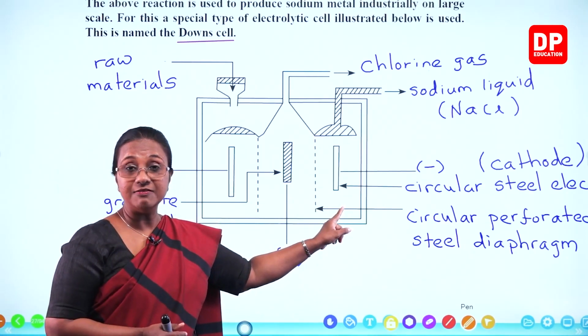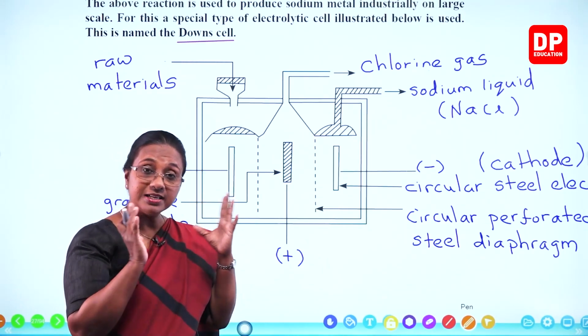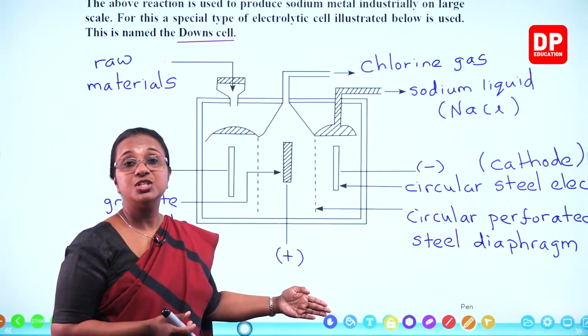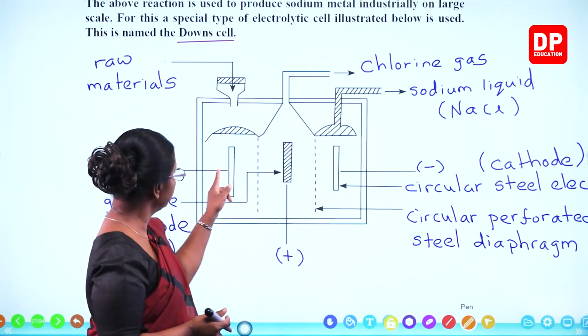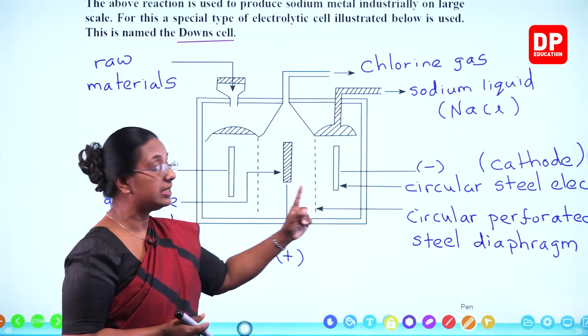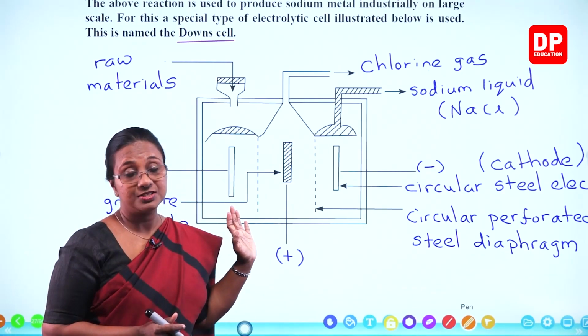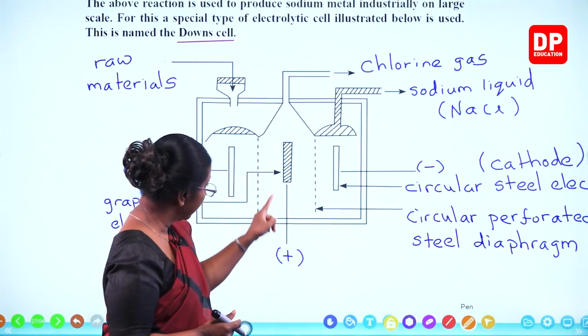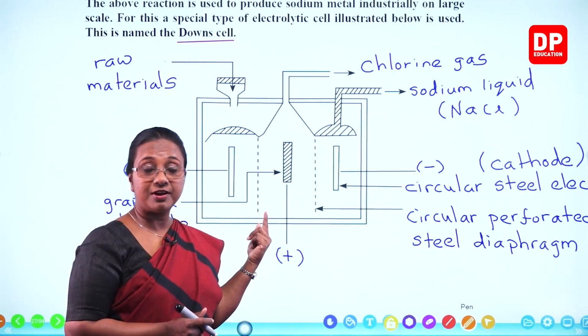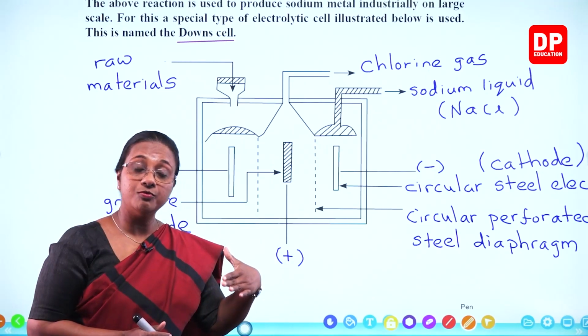It is one continuous electrode because we have taken a longitudinal section of the cell. You see it in two places, but it is actually continuous. Is that clear, students?